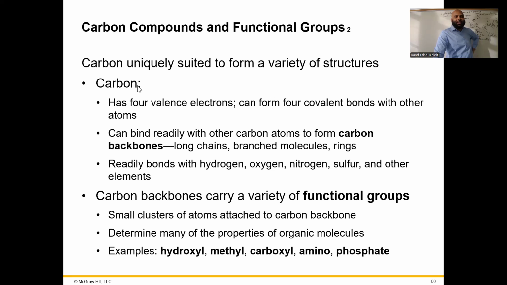Okay. So now the carbon compounds and functional groups. These are the functional groups that we got to know. The hydroxyl, the methyl. If you pay attention really well in this course, you will take the NCLEX like that and you will pass it before anybody else.